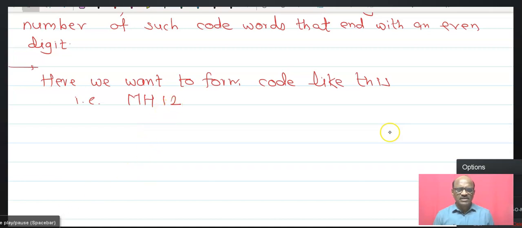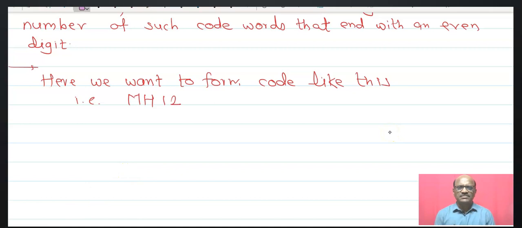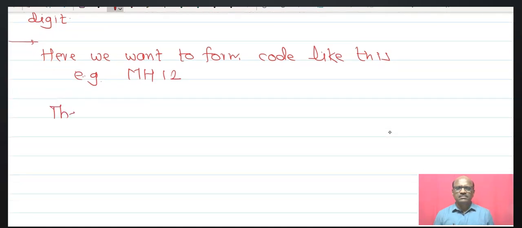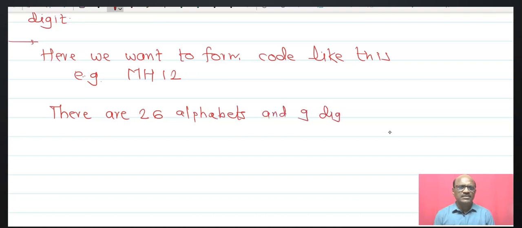Now see this, how we can form. There are 26 alphabets and 9 digits from 1 to 9, non-zero digits.